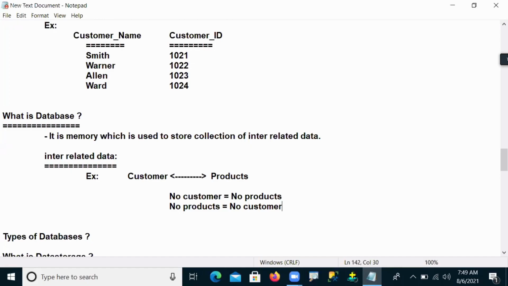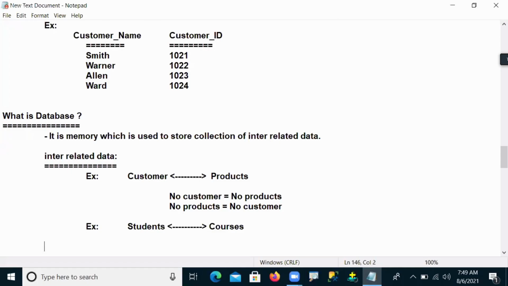Now, like this, you can go for some other example. If you want to say interrelated, suppose students are there. The students are going to be depending on courses. So students and courses is called interrelated. When the students are there, definitely courses will be valuable. When courses are there, definitely students are coming to your institution.